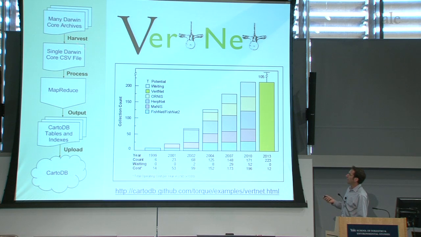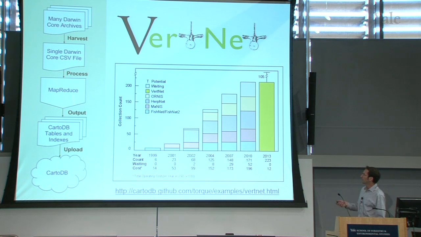The idea being that we have these Darwin Core archived data files that come from providers that are in Darwin Core format. They're harvested and created and put into a single large CSV file. These are processed in a MapReduce framework, which is a big data framework for elastic computing, that allows us to index these really quickly, really effectively, really cheaply, and output these into PostgreSQL databases that have mapping applications built on top of them, and they can be immediately accessible via the cloud.